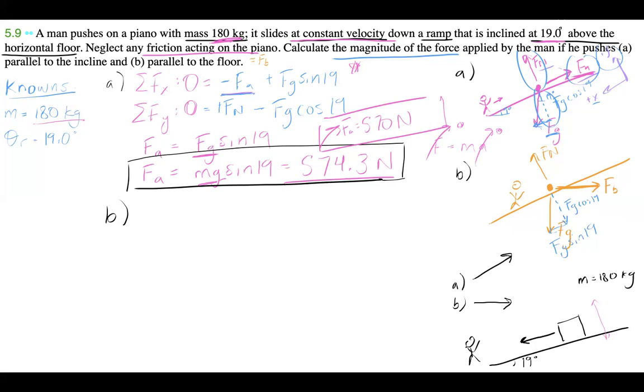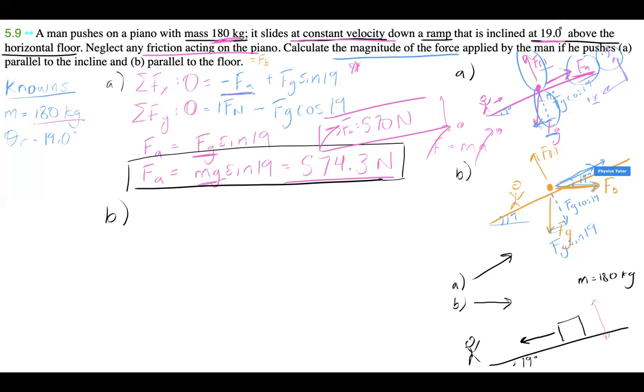And how do we know what this is? Well, let's figure it out. If this is parallel to the surface of the ramp and this line is parallel to the floor, well, similar triangle, we said this is 19, so that means this has to be 19 as well. And so there is going to be a component this way.